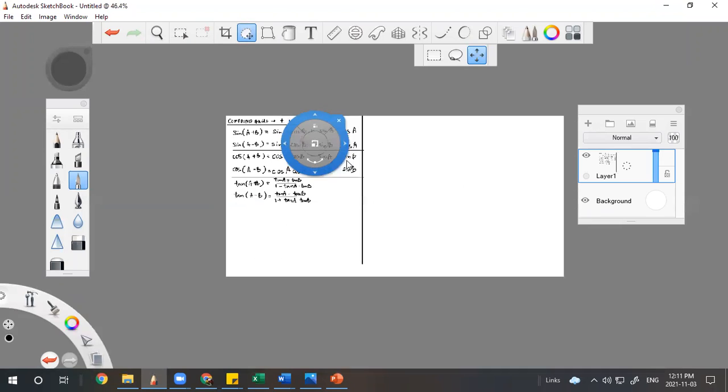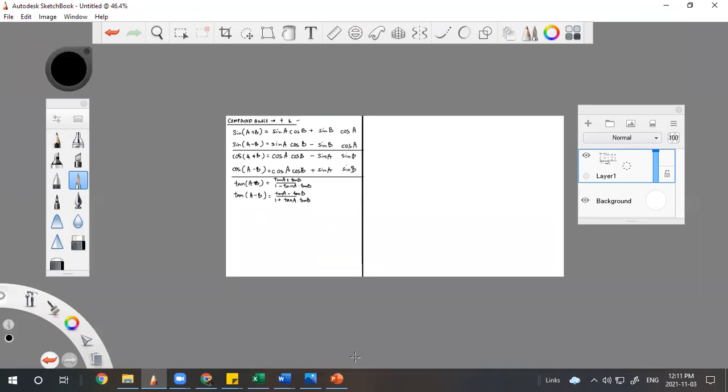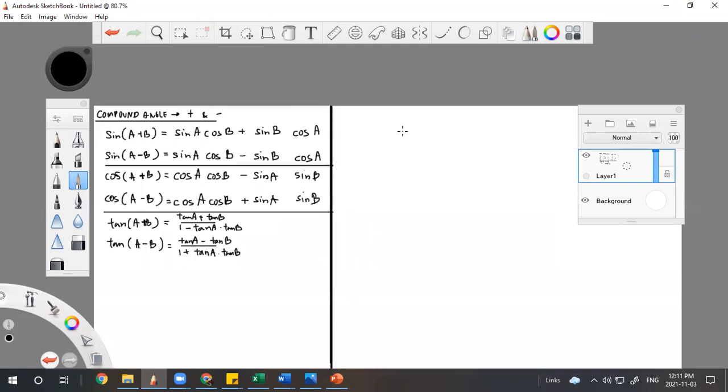Right, there you go. Okay, so how do you make sense of this? If we get a question, what is the kind of question about compound angles? For example, calculate sine 15. Can you get sine 15? We don't have any memorization about sine 15, right? So you can switch this into sine 45 minus 30.